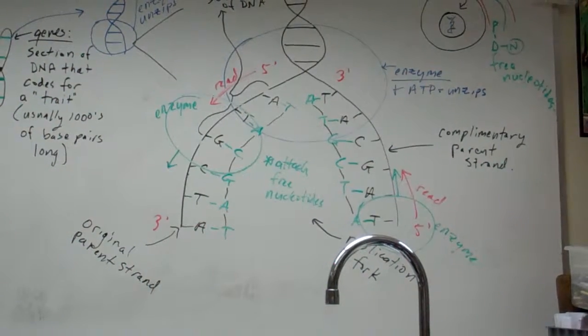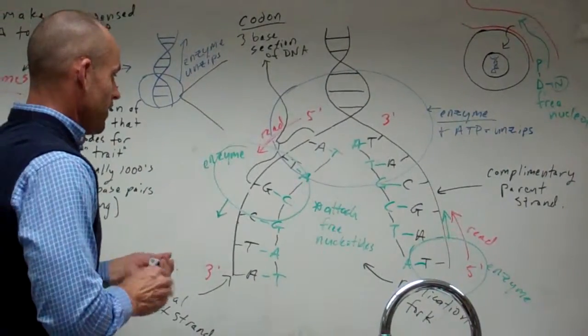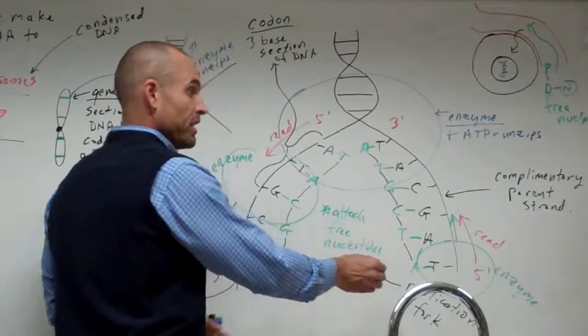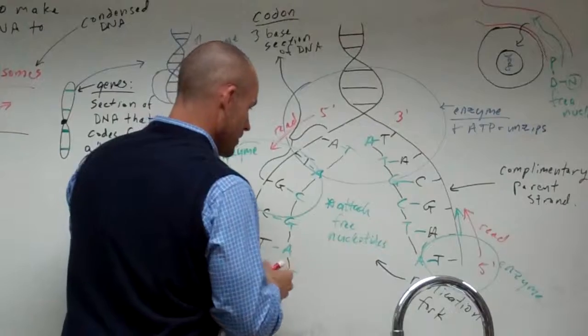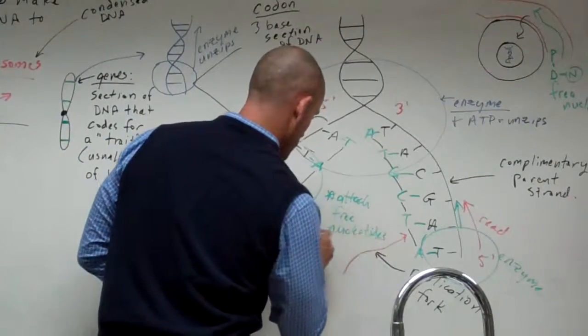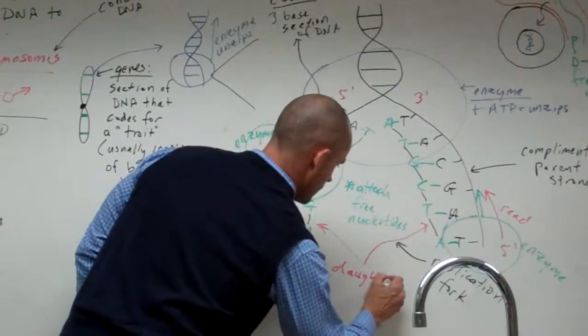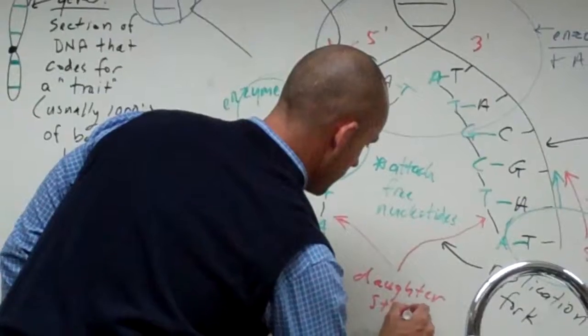Now there's one more weird thing that you have to be able to do. These two new strands that you've connected to those original parent strands are called the daughter strands. All the new ones? The new ones are called daughter strands, yeah.